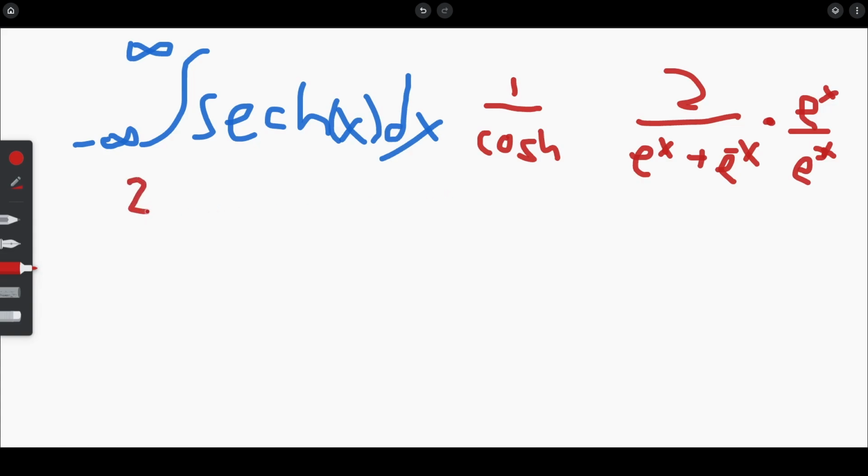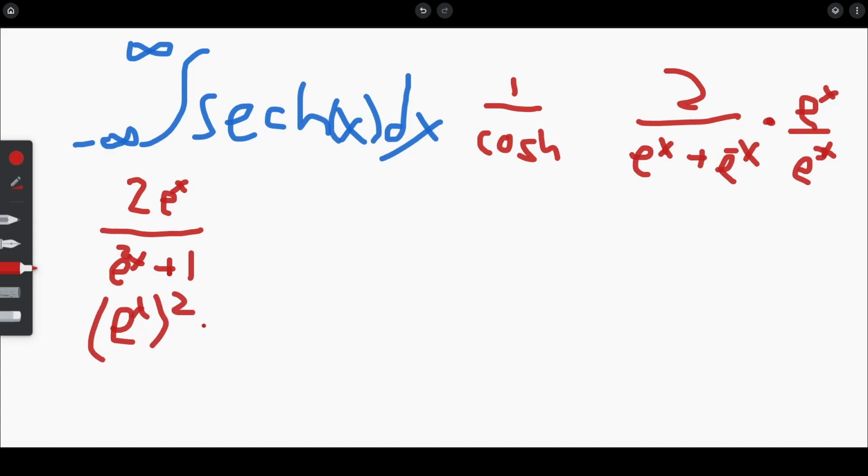That'll now come out to 2 times e to the x over e to the 2x plus 1. And the more discerning viewers of our audience could see here that we have a very nice setup for a certain inverse trig function, because e to the 2x is equal to e to the x squared, and 1 is 1 squared.